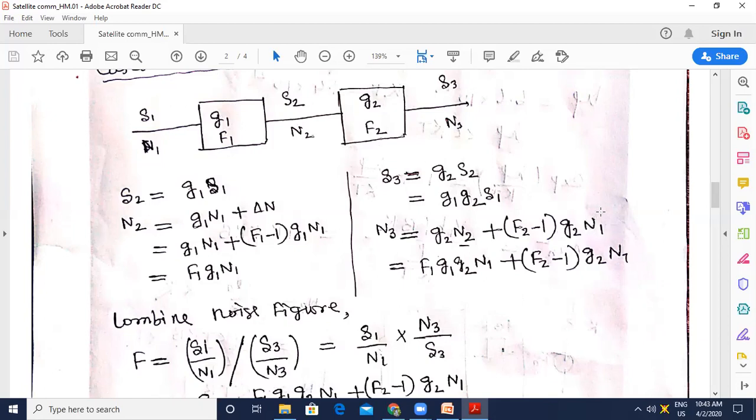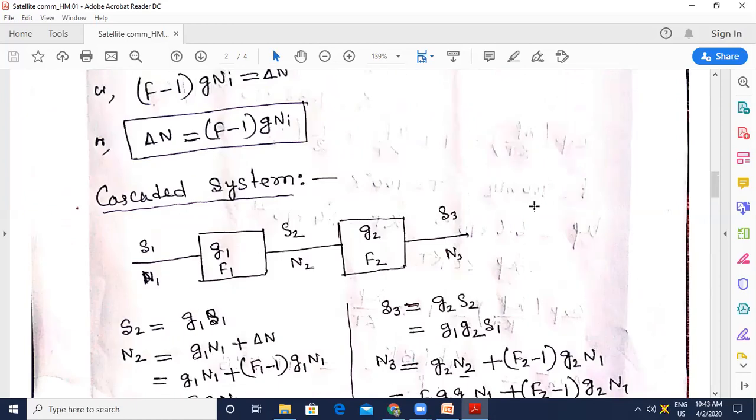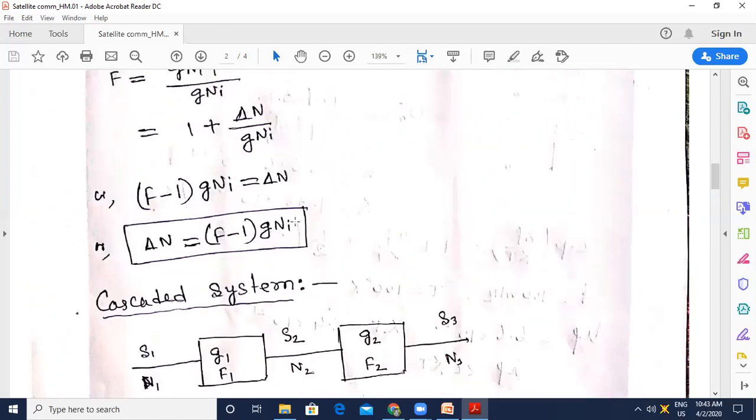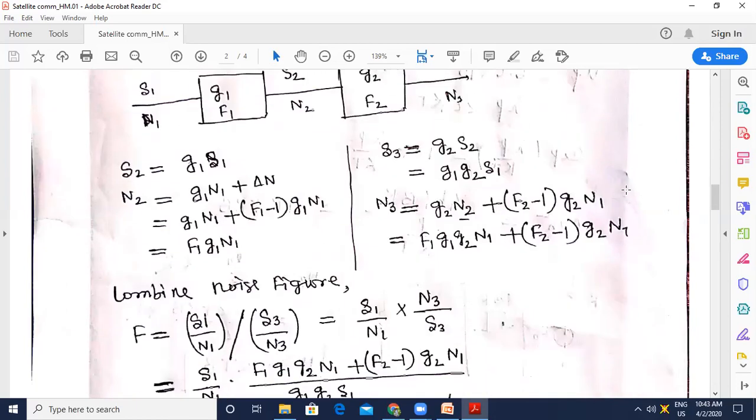So the environmental noise is N1, not N2. N2 is the input noise of the device, but this device has input noise N1 because of the atmosphere. For this device also, the atmospheric noise effect is N1, not N2. So ultimately, simplifying this, we will have this much noise as N3.